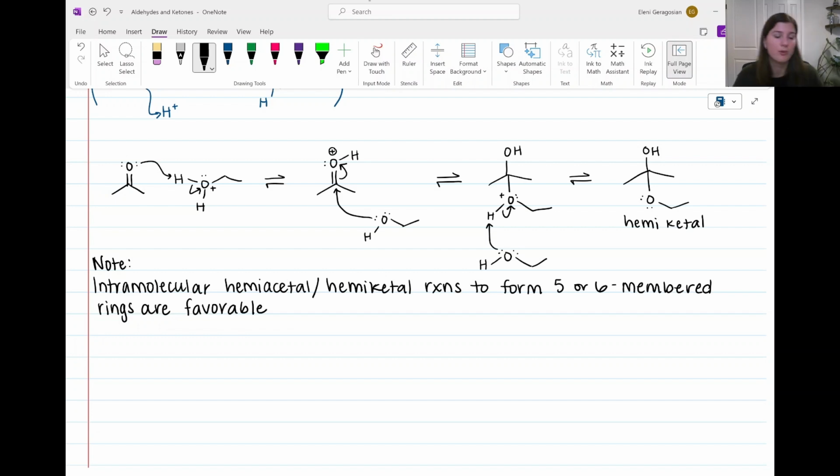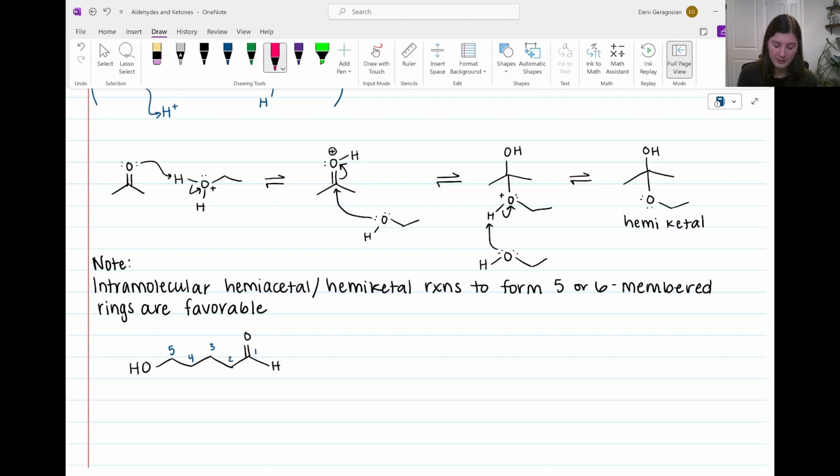So if you had a molecule like this one here, we have an alcohol group, we have 5 carbons, and then our aldehyde. If we count these carbons, we've got 1, 2, 3, 4, 5.